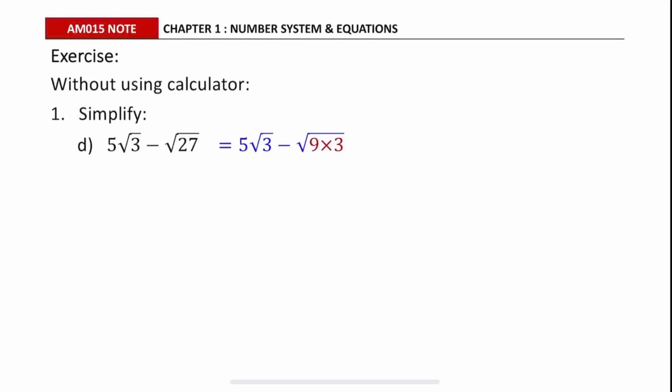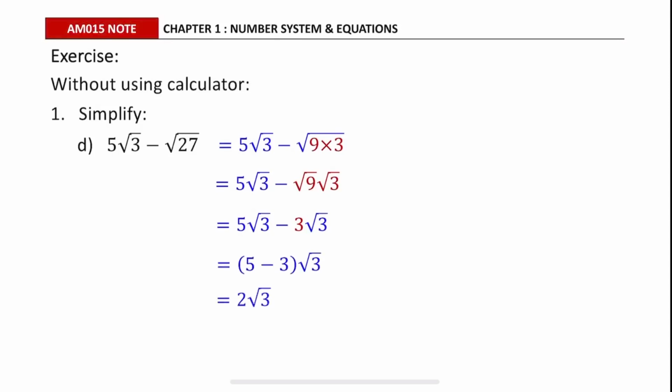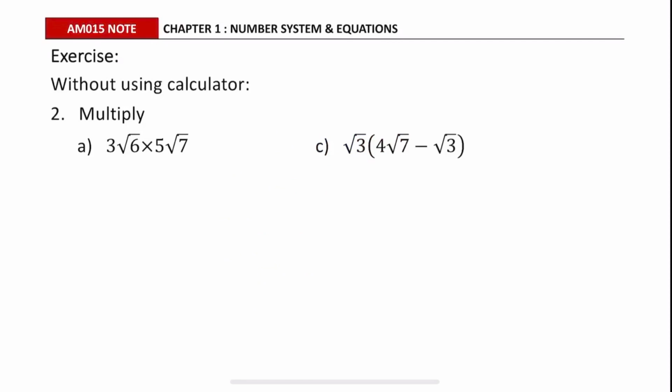Then split it into 2 surds and simplify square root of 9 to 3. Now, both terms are in terms of square root of 3. So we can subtract it and get the answer 2 square root of 3.